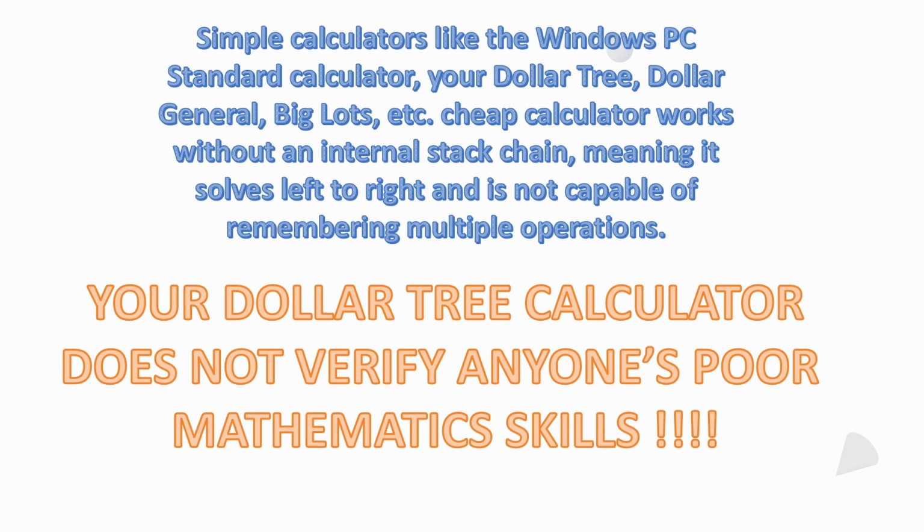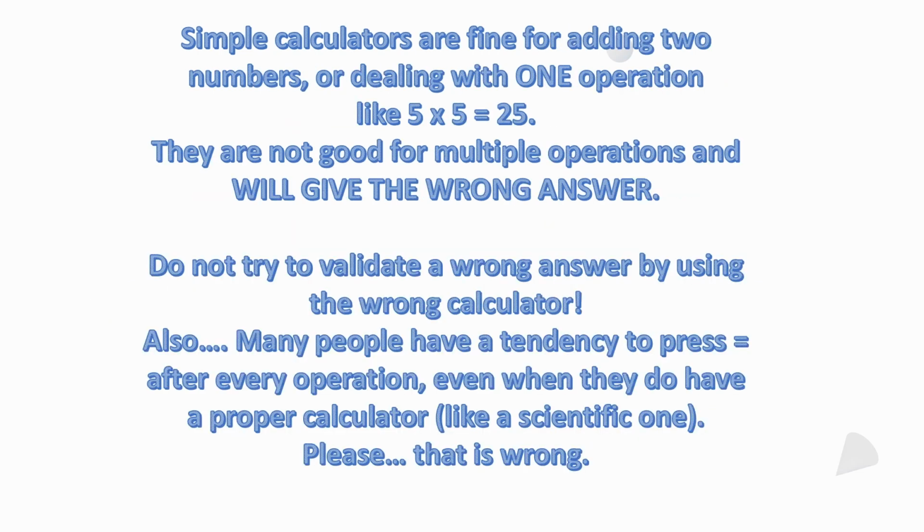So just remember your Dollar Tree calculator does not verify anyone's poor mathematics skills. Simple calculators are fine for things like adding 2 numbers or dealing with one operation like, say, 5 times 5 equals 25. They are not good for multiple operations and will give the wrong answer. So do not try to validate a wrong answer by using the wrong calculator.